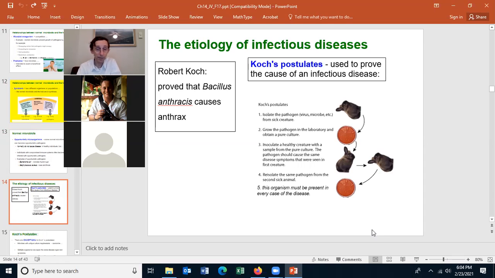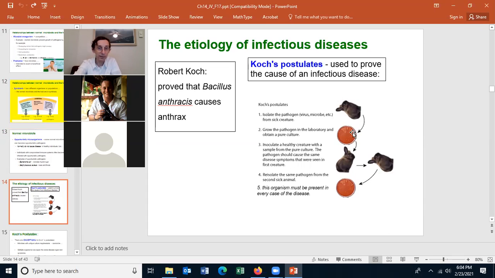He then wrote up Koch's postulates, the statements used to prove that a given infectious agent causes a specific infectious disease. So what you do with Koch's postulates is you have a sick individual, and then you isolate from that sick individual organisms that could potentially have created the sickness, the illness.